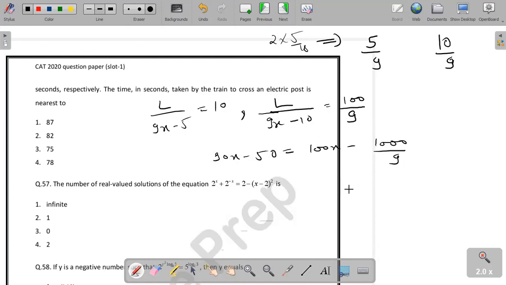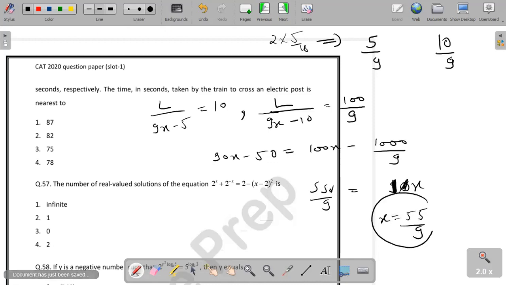So now I have to subtract, that is 10x is equal to 450 and 550 by 9. So cancel out. So x is equal to 55 by 9. What they asked is to find L by x, right? L by x is the main motive of mine to find.